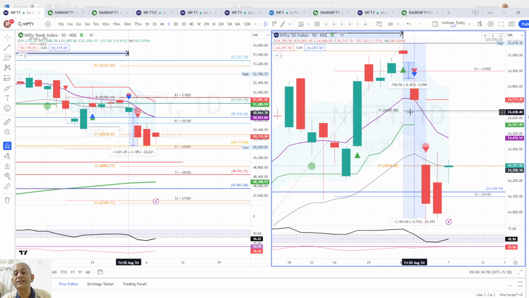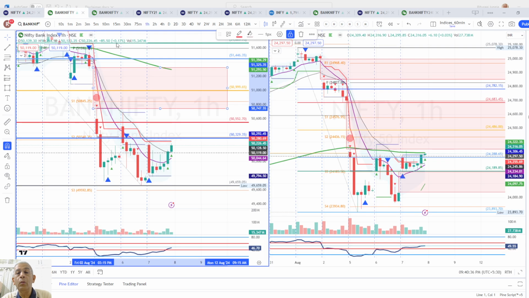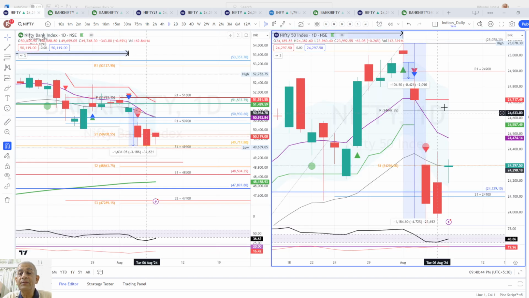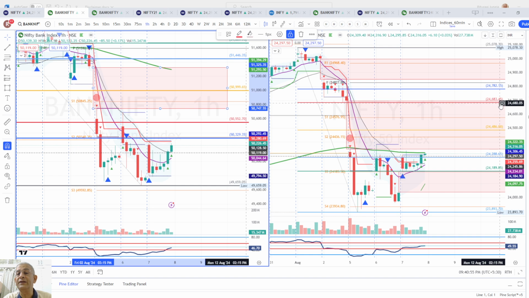Let's say 24,650. What is the intraday level? 24,683. So somewhere between 650 and 683, it may start experiencing resistance. Possible. And then you have a super trend at 717, which is also very close to 683. So this is a zone where the up move could fizzle out.